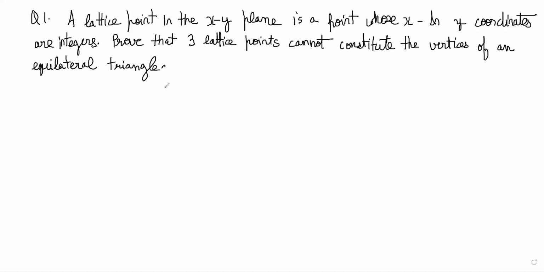So the question is, if you take three lattice points in the xy plane, you cannot make an equilateral triangle out of them, right? So we have to think of a way to prove this.